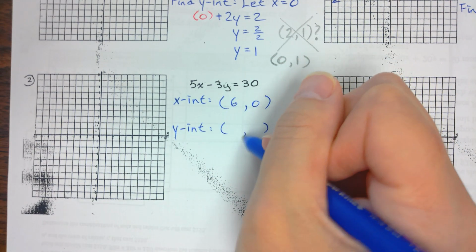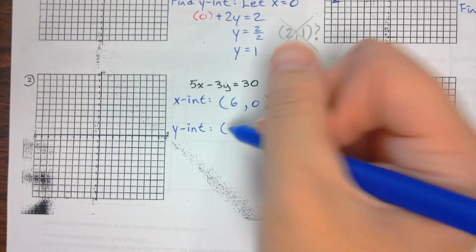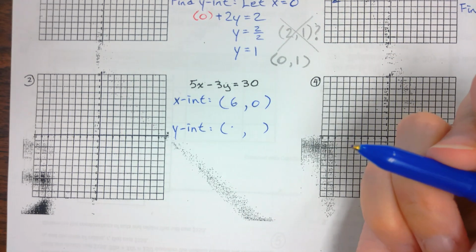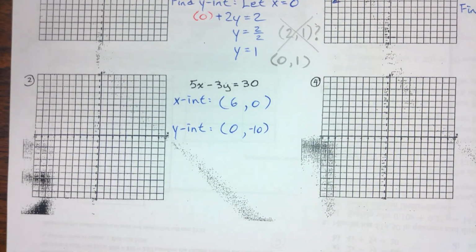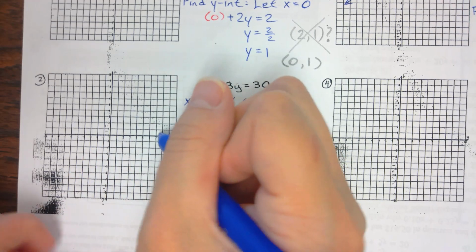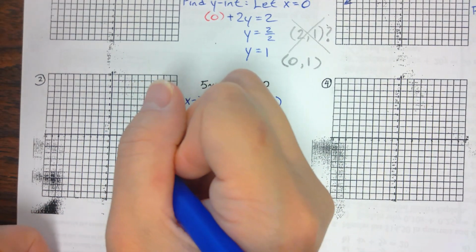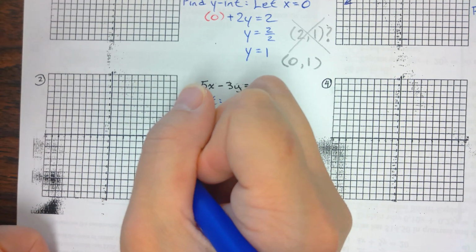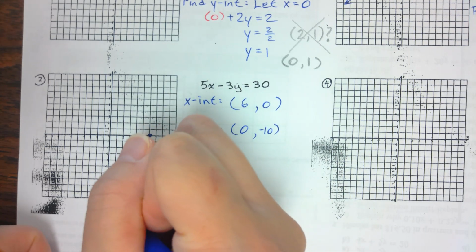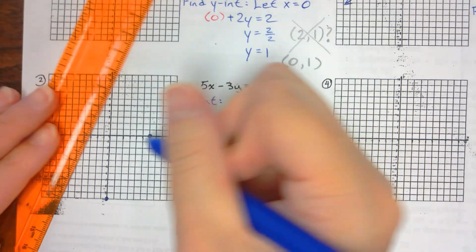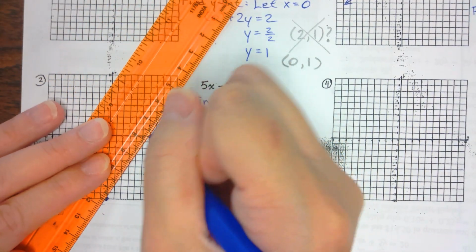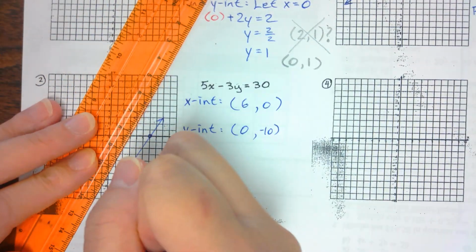Edward, what did you get? 0, negative 10. Okay. So 6, 0. 1, 2, 3, 4, 5, 6, and then negative 10. Okay. Good. Okay. And my line looks like this.